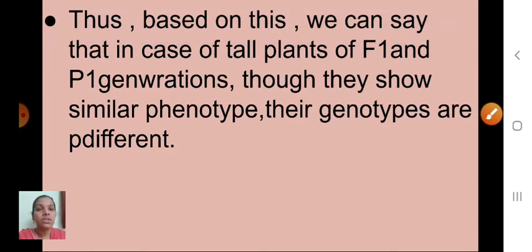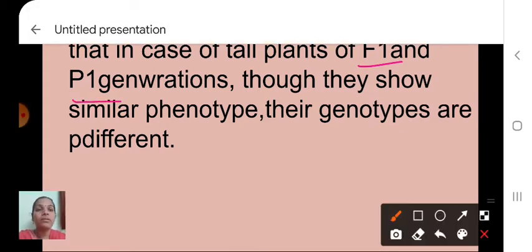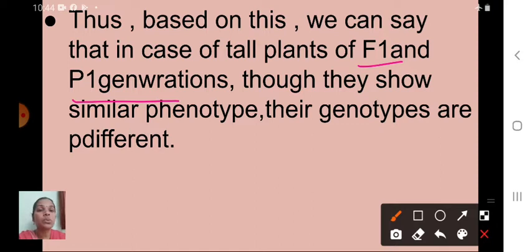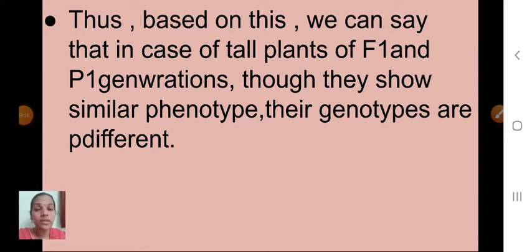Next one is, see here children, thus based on this we can say that in case of tall plants of F1 and P1 generations, though they show similar phenotype, their genotypes are different. Understood children? Yes. So children, P1 and F1 generations, what is similar?